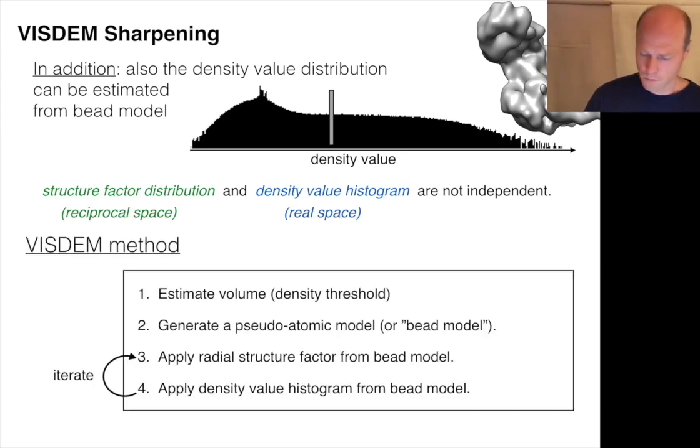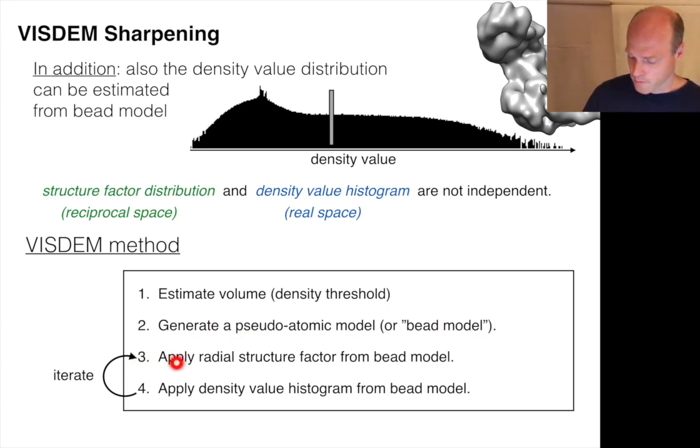So what we do is we iterate. So the VISDEM method looks like this. We estimate, first of all, the volume by choosing the density threshold that I just explained to you. Then we generate this pseudo-atomic model, or the bead model.